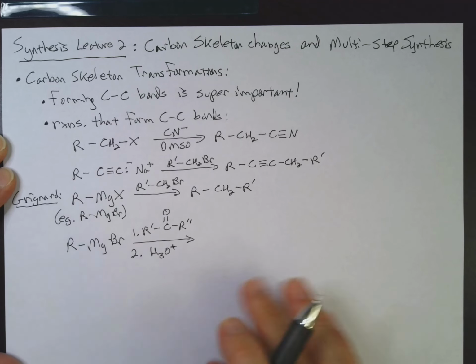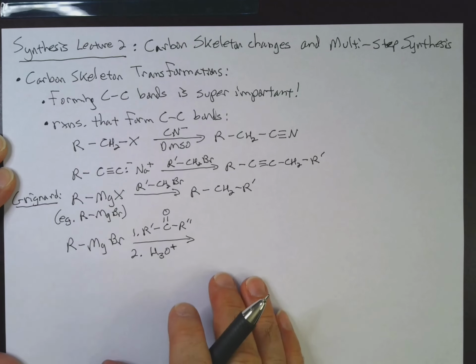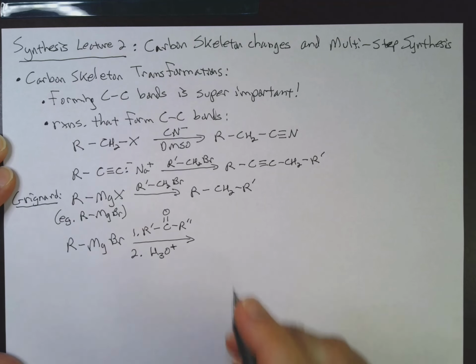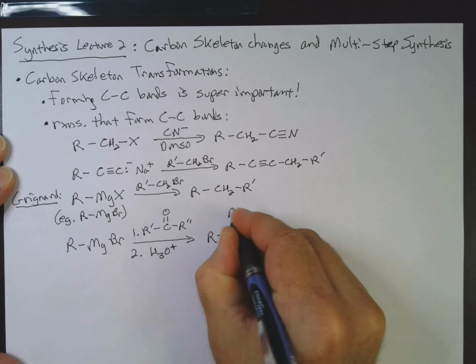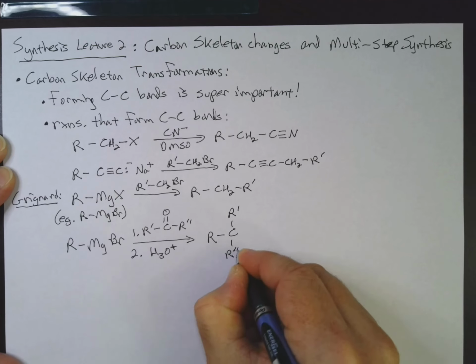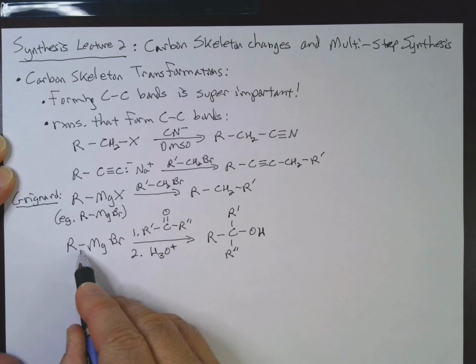And I'll talk more about this version of the Grignard reaction in the chapter 17 lectures on alcohols. But what we'll end up with is R, C, R prime, R double prime, OH.